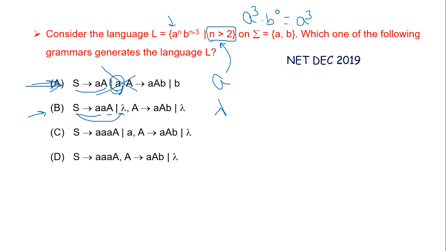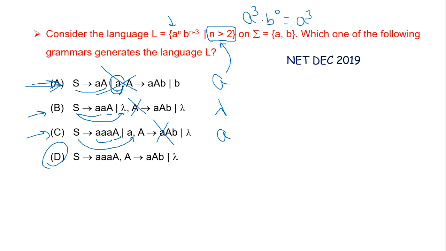But from our question, we know that the smallest string from our language is a cube. So again, S gives small a, so the smallest string from this grammar will not match, so again this option cannot be a right answer. So by using the elimination method, we know that our right answer will be option D.